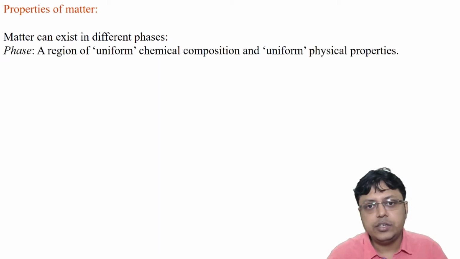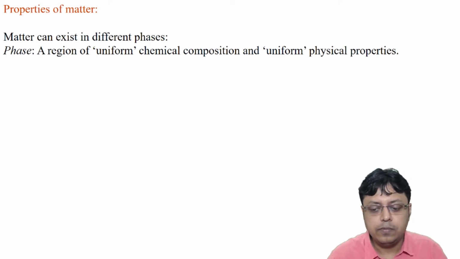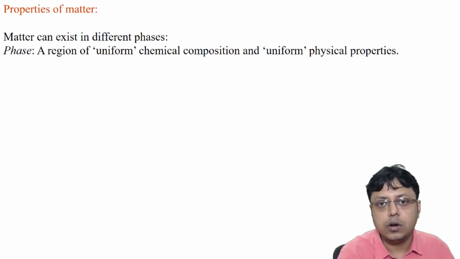Now what is the definition of a phase? A region of uniform chemical composition and uniform physical properties. By that, what we mean is, consider a liquid in a sealed container.